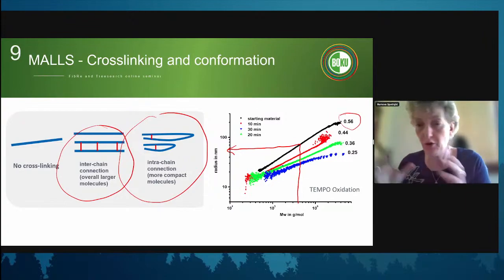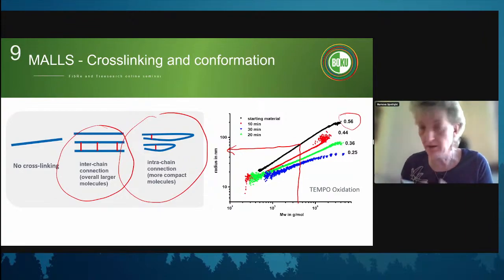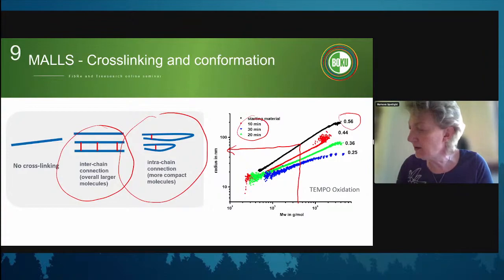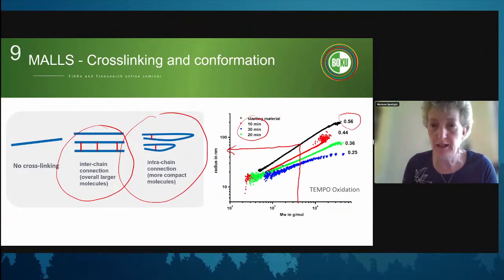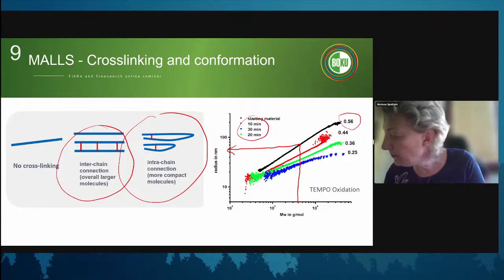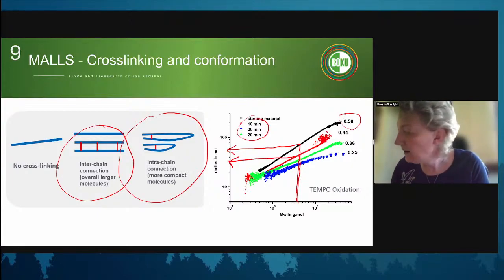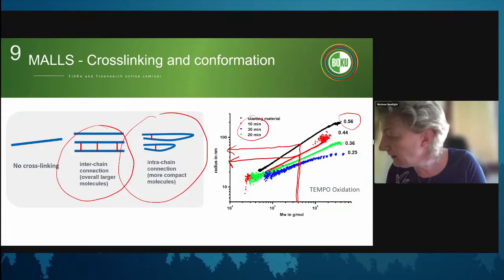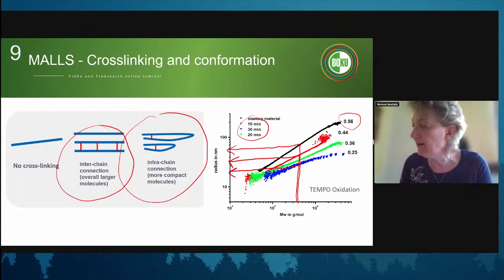Now we start to oxidize, and we can still dissolve those samples, so the oxidation degree is not extremely high. The time we have here is just the time of oxidation for TEMPO. Then we see that at the same molar mass, our radius becomes smaller. If we oxidize longer, it becomes even smaller.